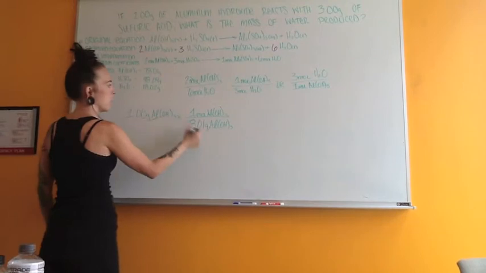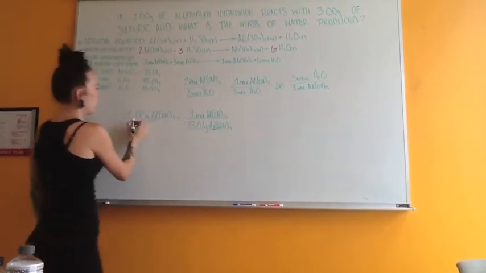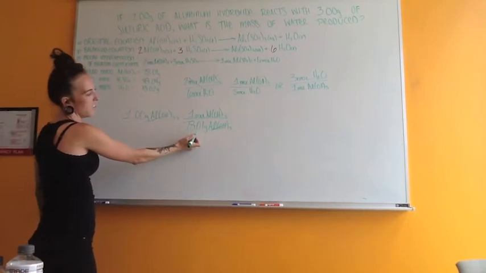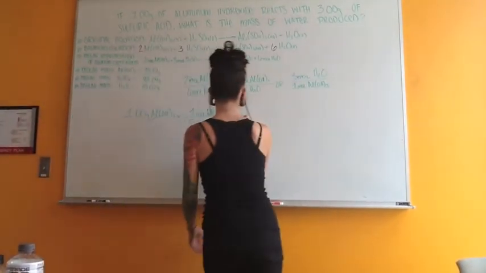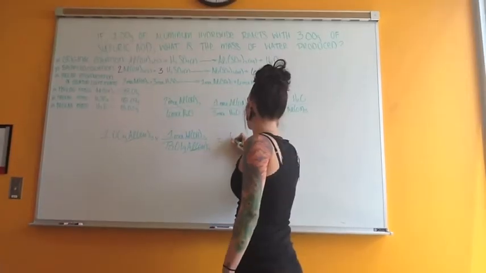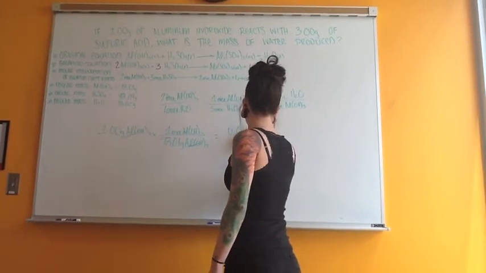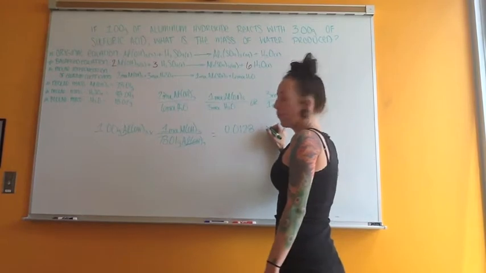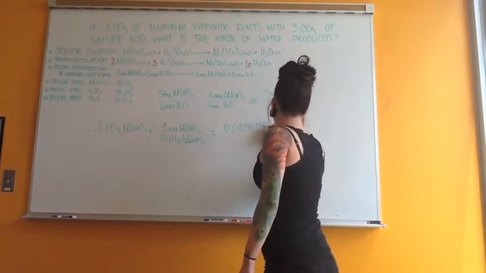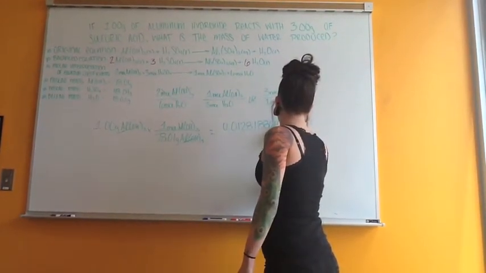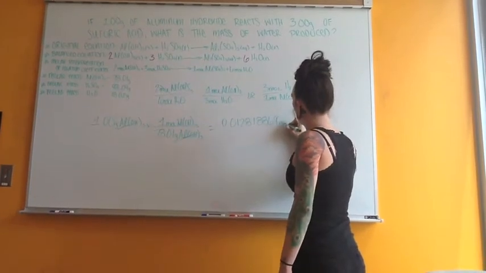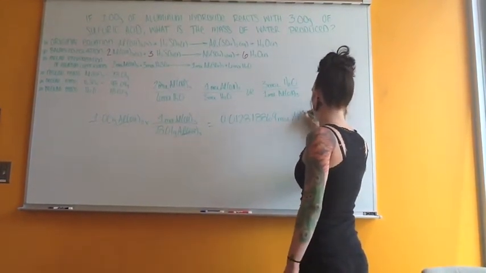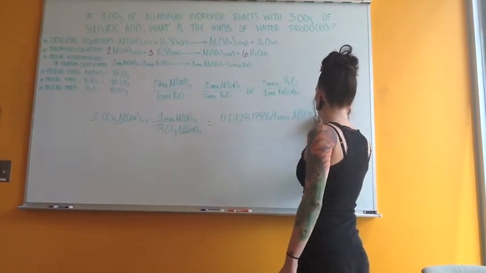So these cancel, leaving us to divide 1 gram by 78.01 grams to equal a really long number, so figure that one out, of moles of aluminum hydroxide.